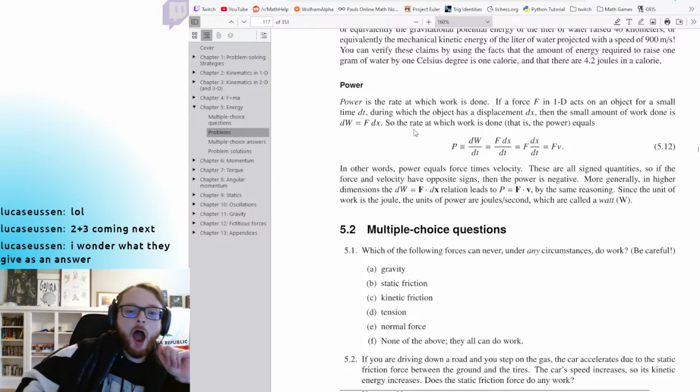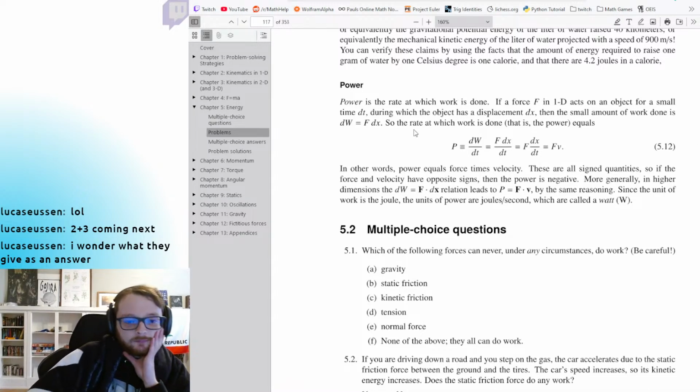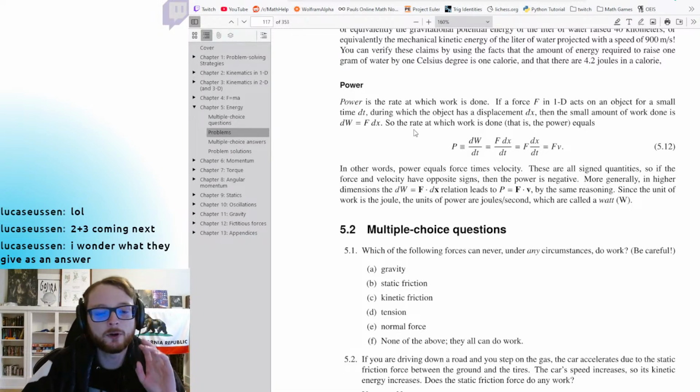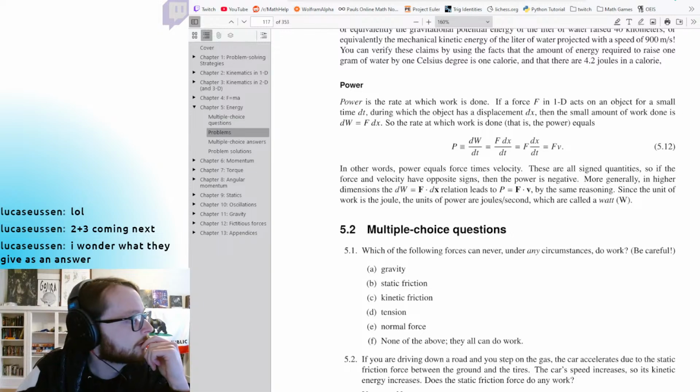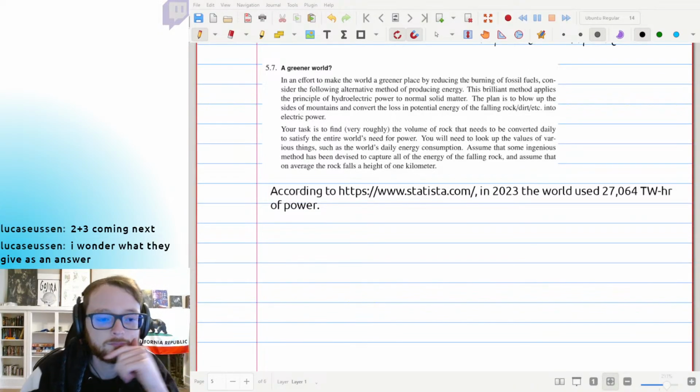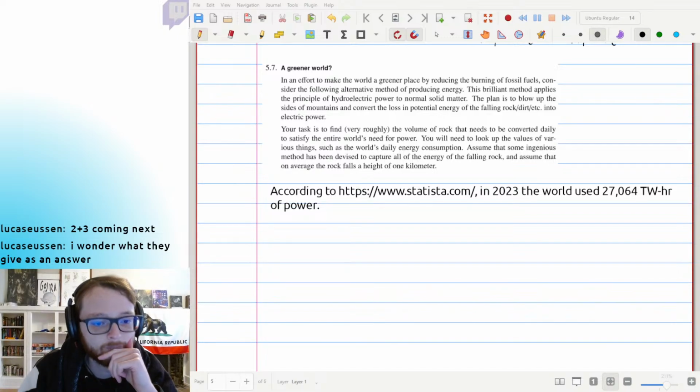How do we go from blowing up mountains potential energy to generating power? Oh wait, we're talking about for a year, right? Oh wait, daily. Oh my god, I need to think about how the units work here.